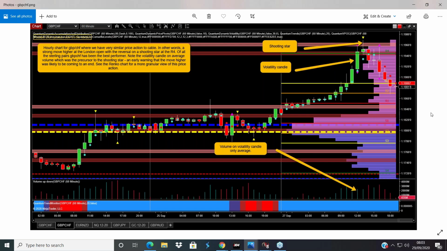I think this is going to resume, possibly not by the close, but possibly tomorrow. You have to make those decisions by looking at multiple time frames.